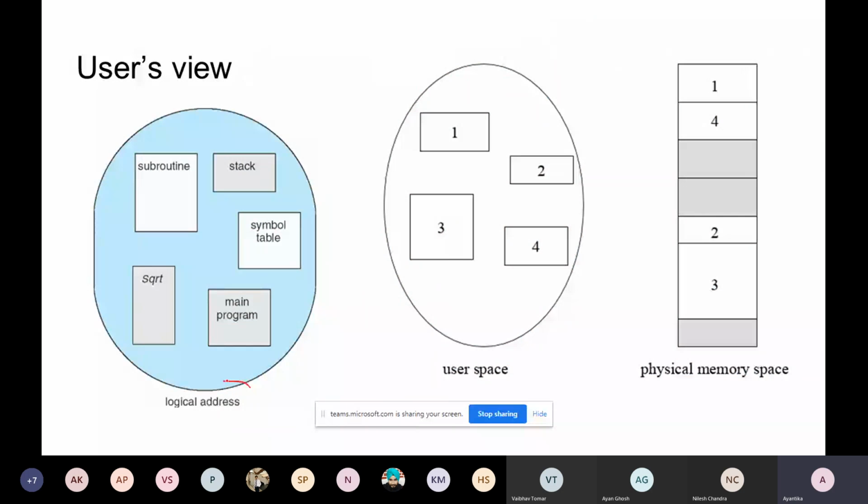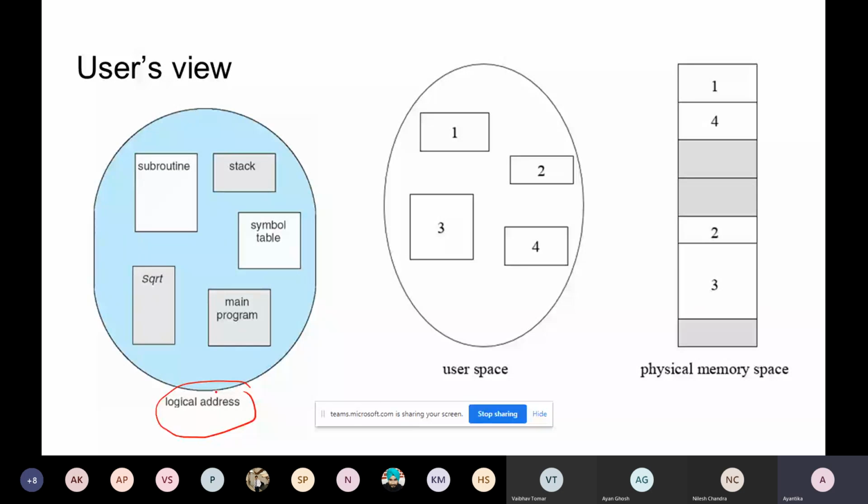In case of logical address, when you are writing your program, in any language you are following, you are dividing your main program into different components, different segments.